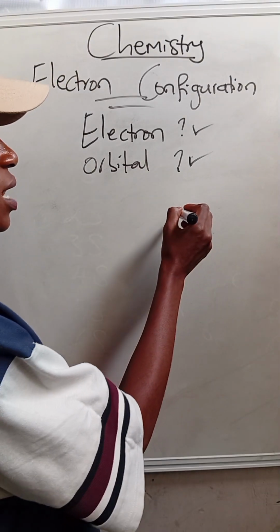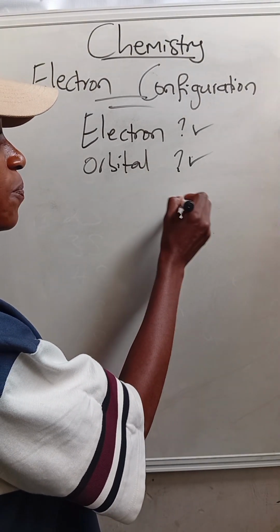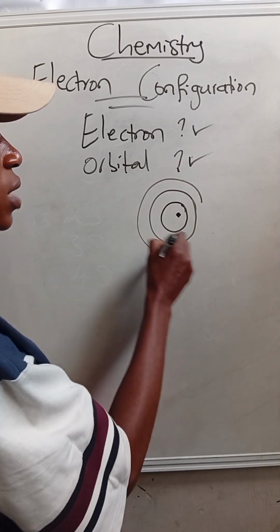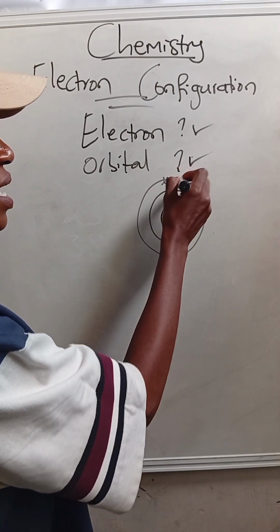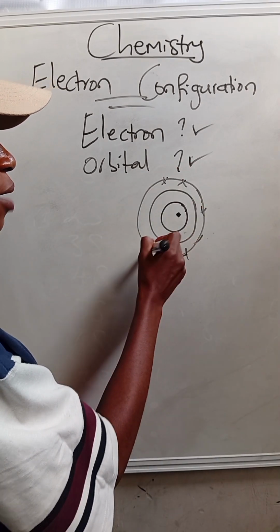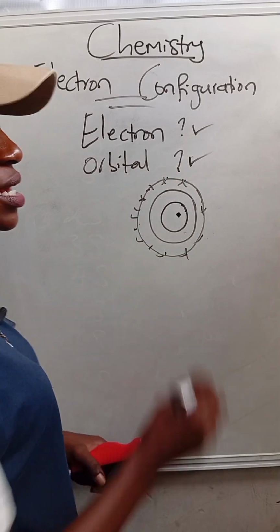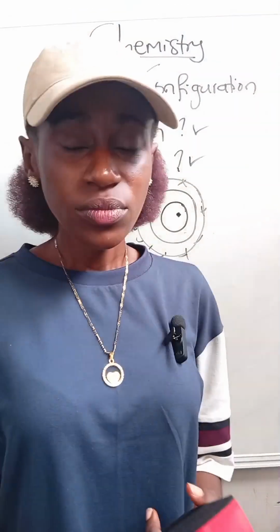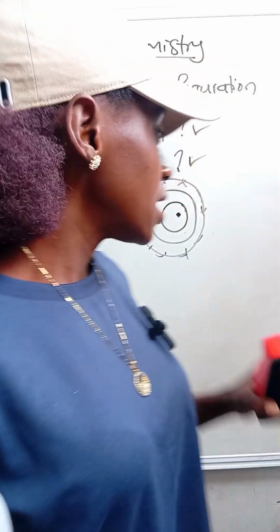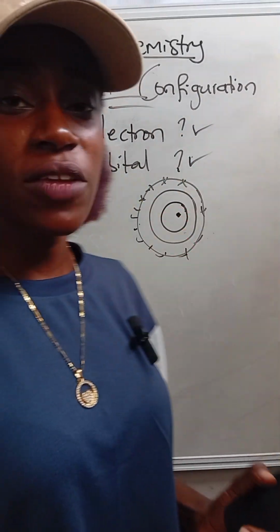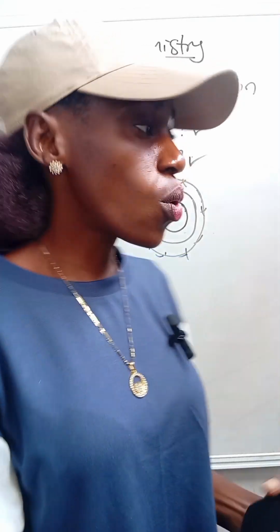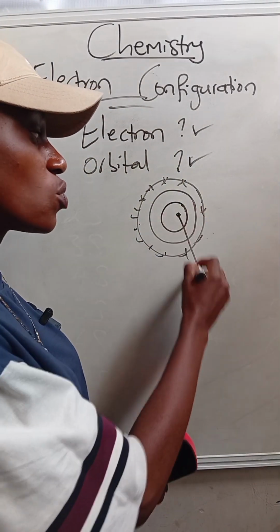Look at this. Let's say this is our atom here, and we have our shells going round like this. This round shaped region is what we call shells, and here you can find your electron. Of course you know that this part is the nucleus.